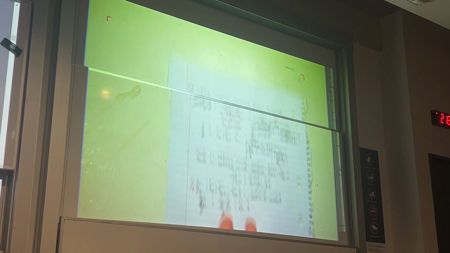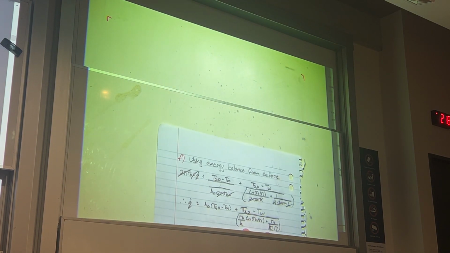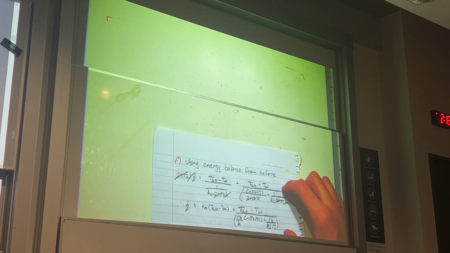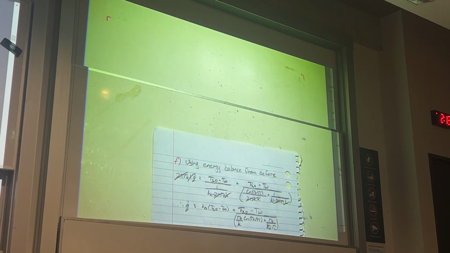Part F is pretty much what we've been building up to. So part F, we want to calculate the outside surface temperature. So we've got our energy balance from before. Now that we know everything, I've substituted in my resistances. So that's why I've got your 1 over H and all that. It's a bit of a mess, but what we find is that if you multiply both sides by 1 over 2 pi L, you can get rid of 2 pi L, which is why I've crossed it out everywhere.